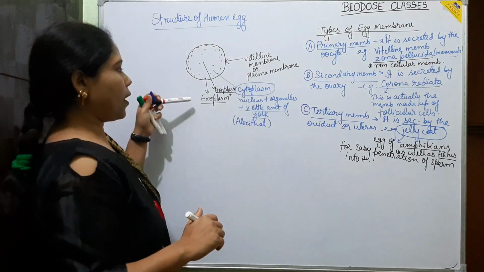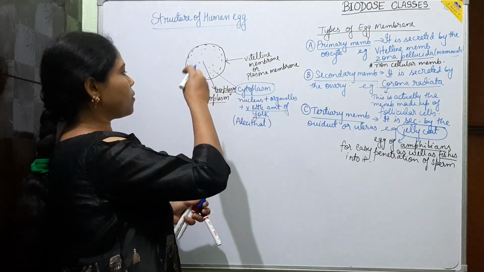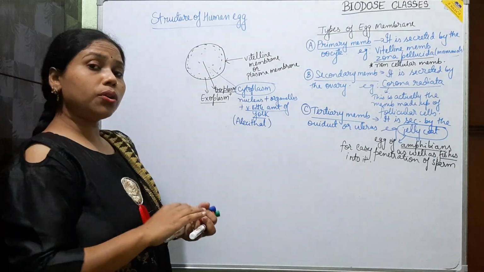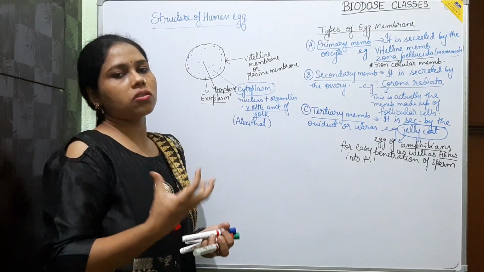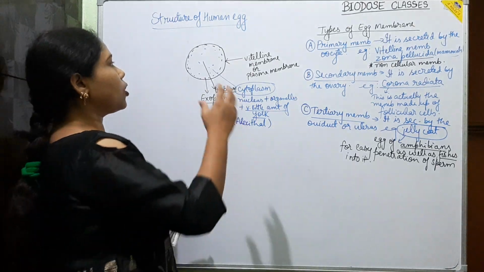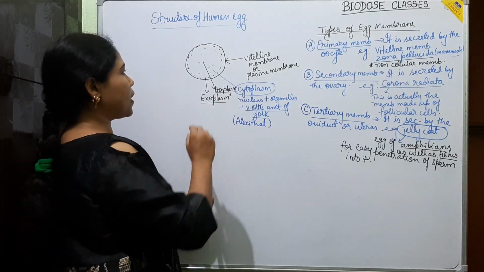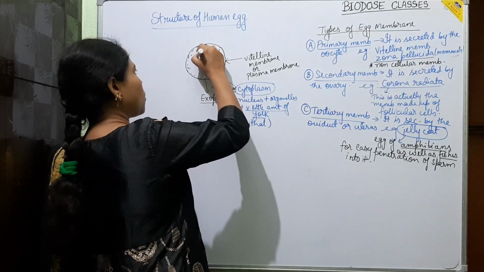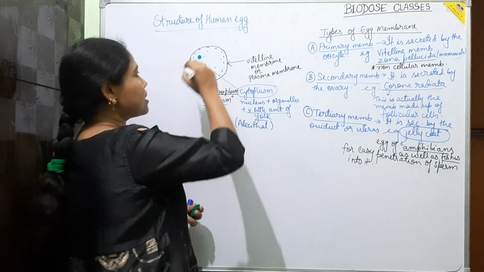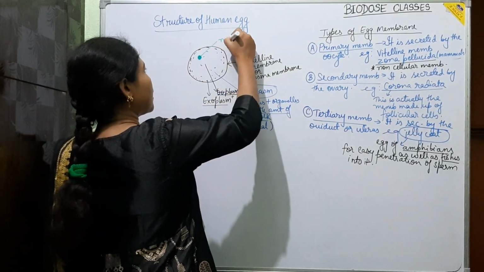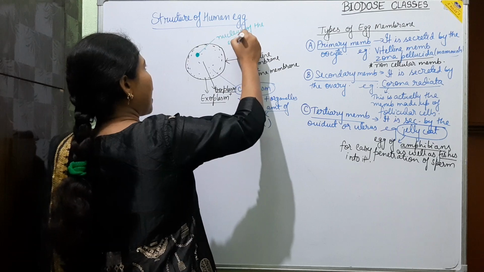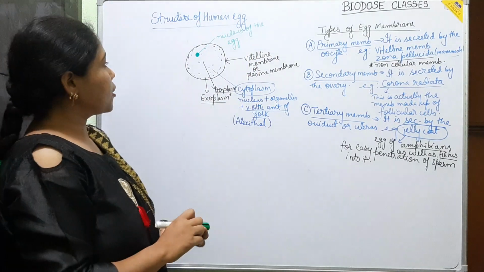Now the cytoplasm is divided into two parts: at the periphery the exoplasm, and in the center the ooplasm. Due to accumulation of a large amount of cytoplasm, the nucleus, which is supposed to be in the center, is pushed towards one side.